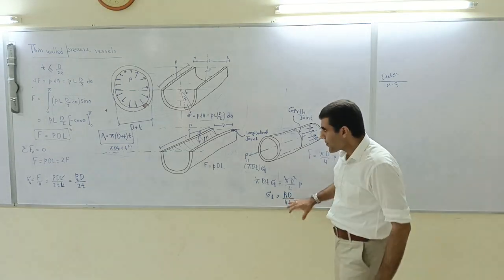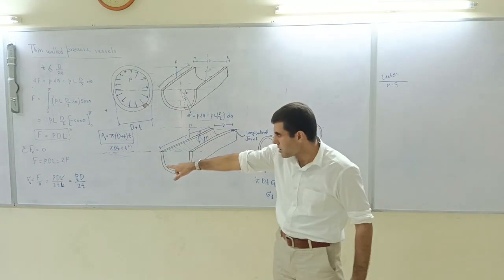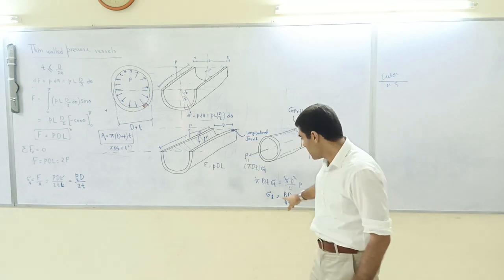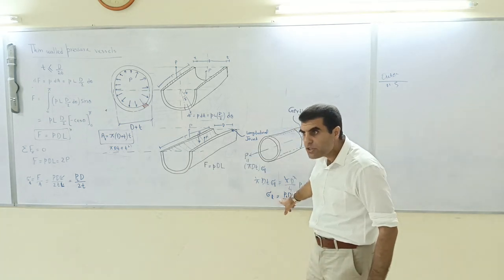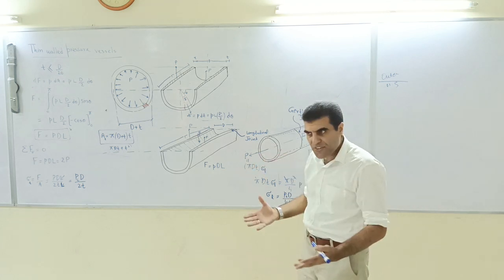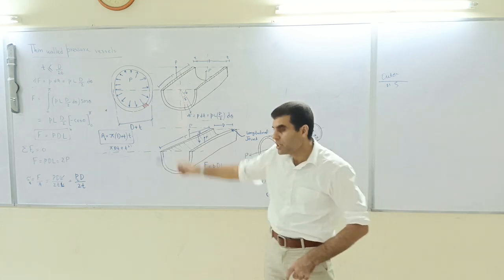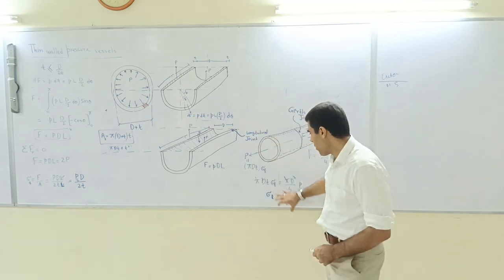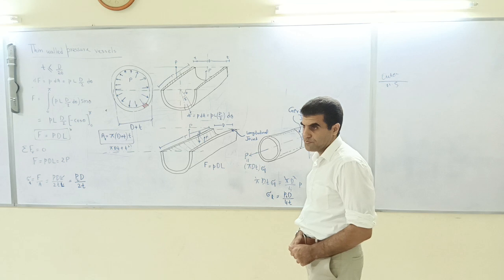So this tells us that the tangential stress is more critical than the longitudinal. If you design a vessel based on your tangential stress, then it will be valid for longitudinal also.